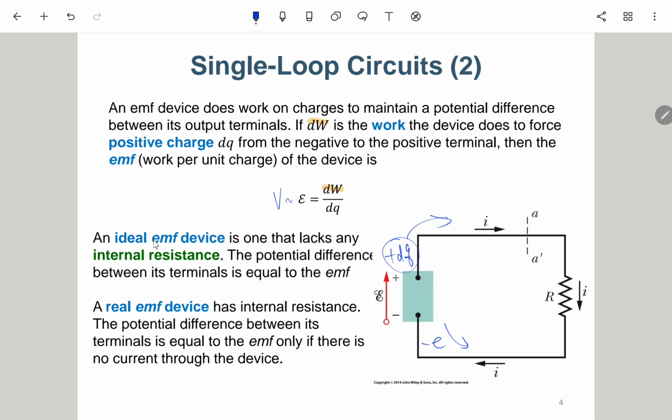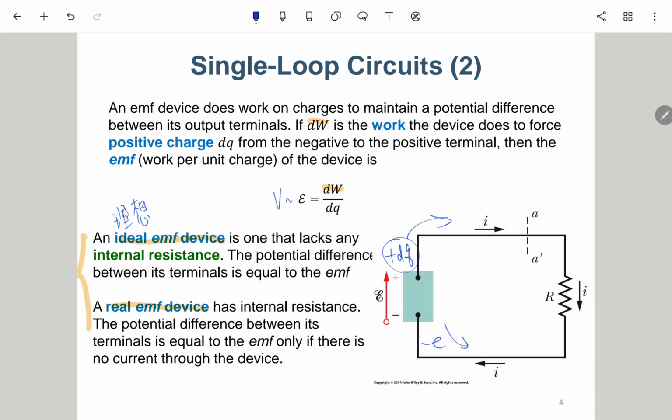Here it tries to mention two concepts, or maybe a concept with 2 items: an ideal EMF device and a real EMF device. Ideal means theoretical.